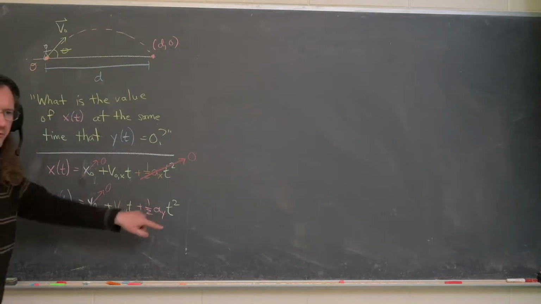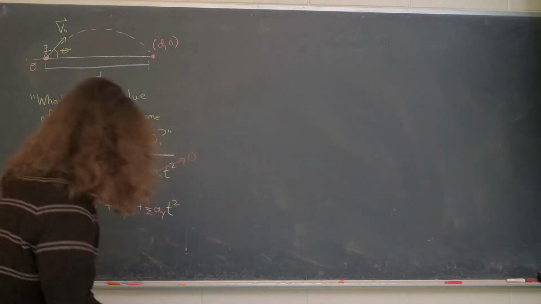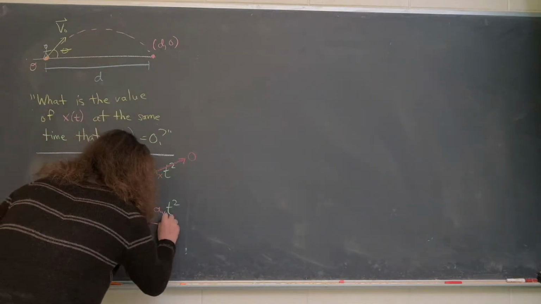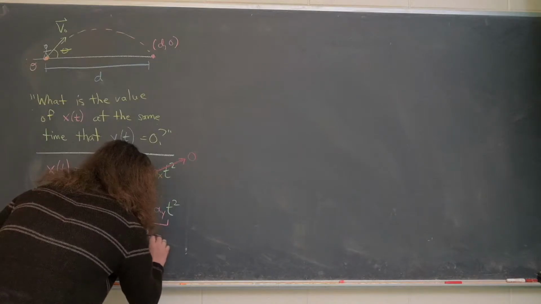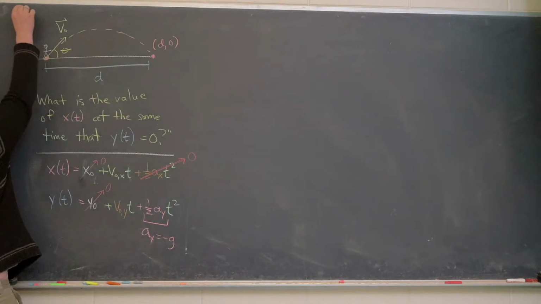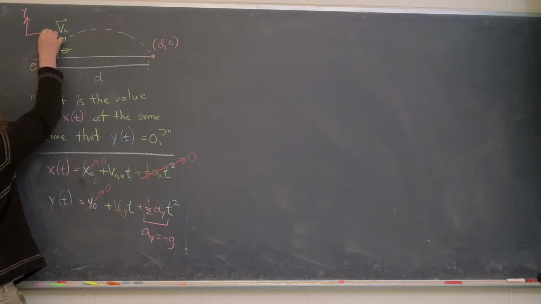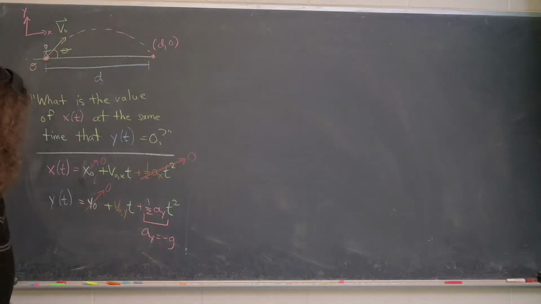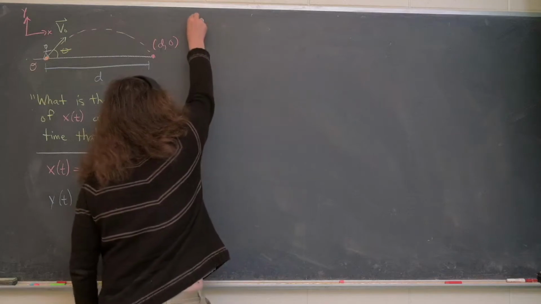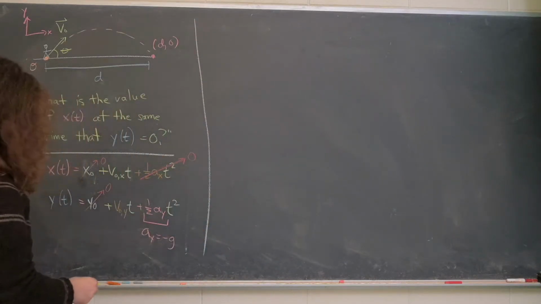So these three terms are the only ones that survive, and I know the acceleration in the y direction here is minus g. I'm going to choose the conventional coordinate system where y goes up and x goes to the right. So now I'm going to recopy these equations over here on the board with only those terms that survive.